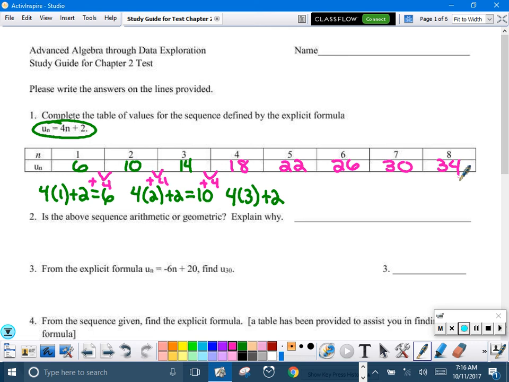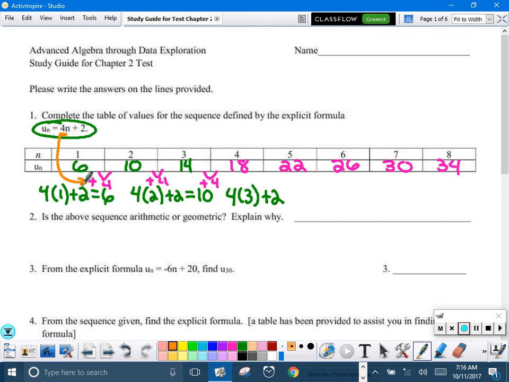Now, hopefully you see the relationship within the explicit formula. The 4 is the pattern. Okay, so keep that in mind. We'll talk about the other number, 2. We might see that later on in the packet.